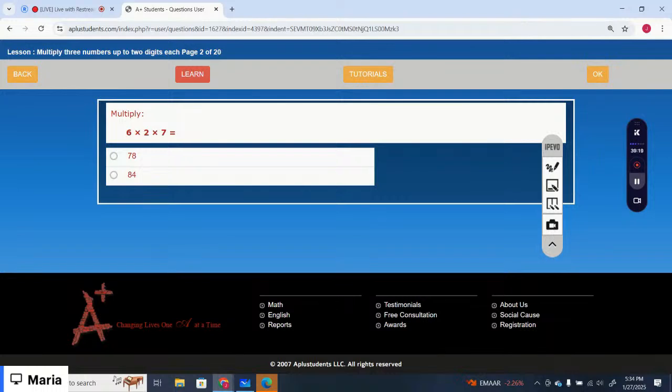6 times 2 times 7, which is the correct option? Six times 2 is 12 and 12 times 7 is 84.